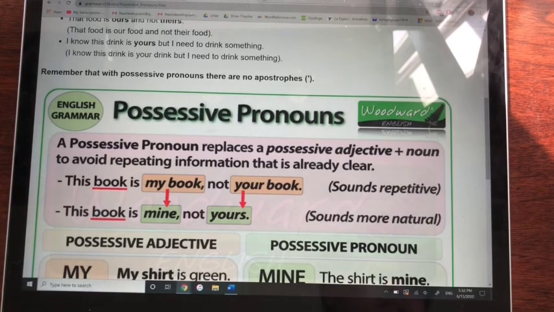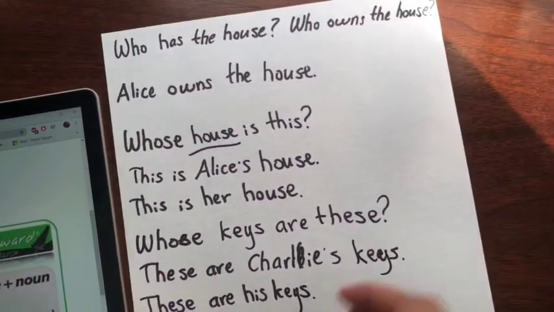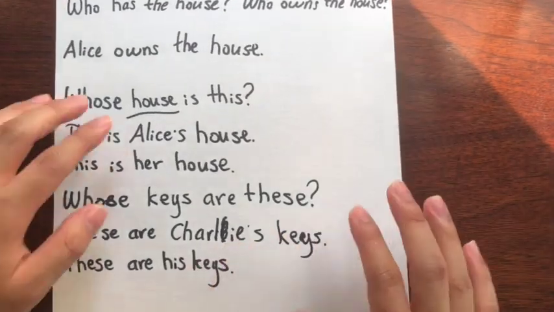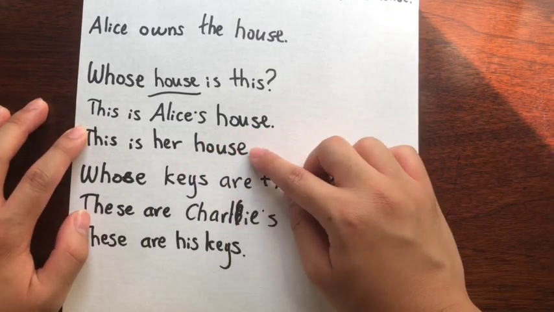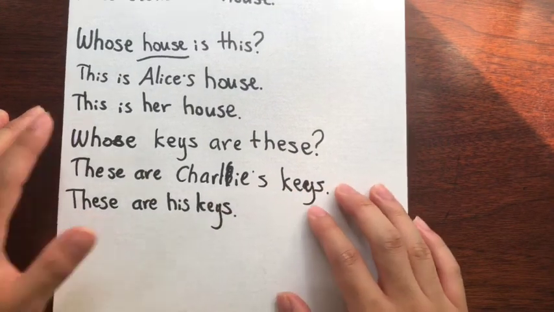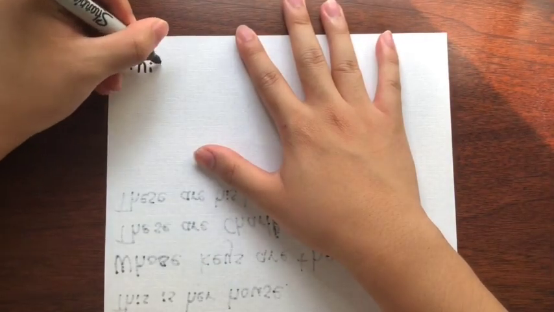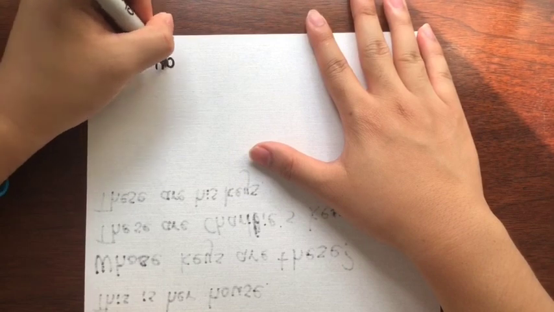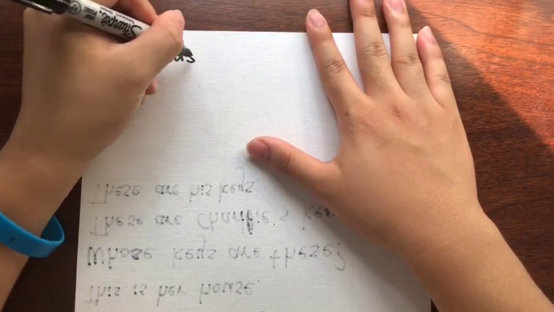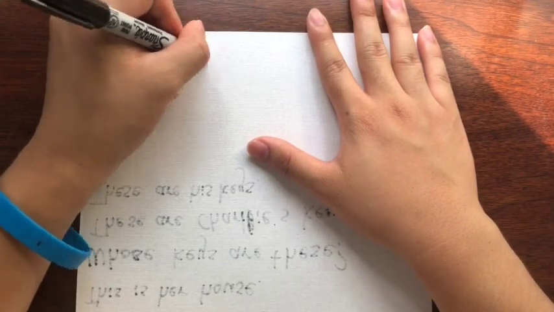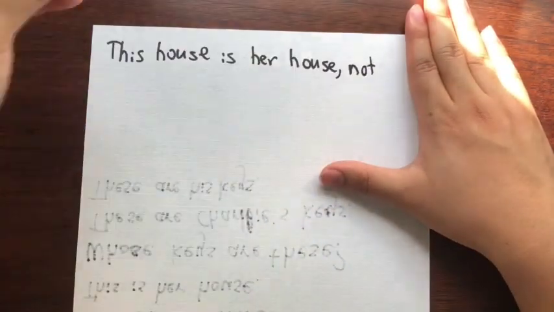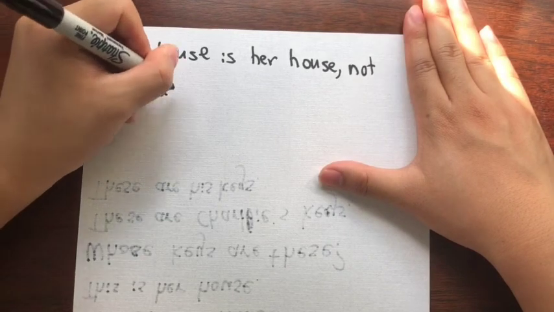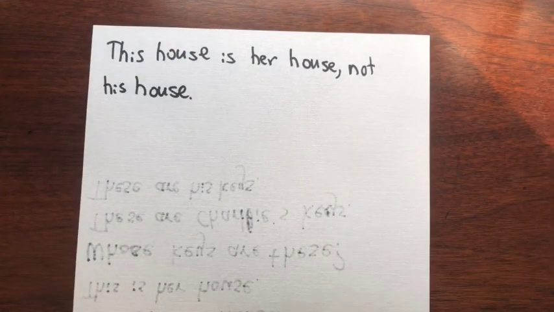So, let's see. Here, we see that Alice has a house. Alice owns the house. So, this house is her house. This house is not his house. So we can say, this house is her house, not his house.